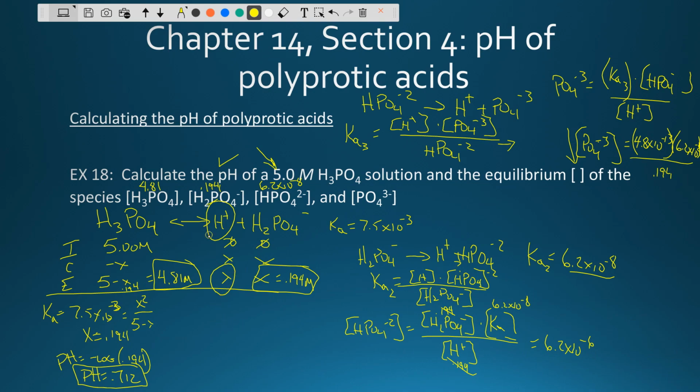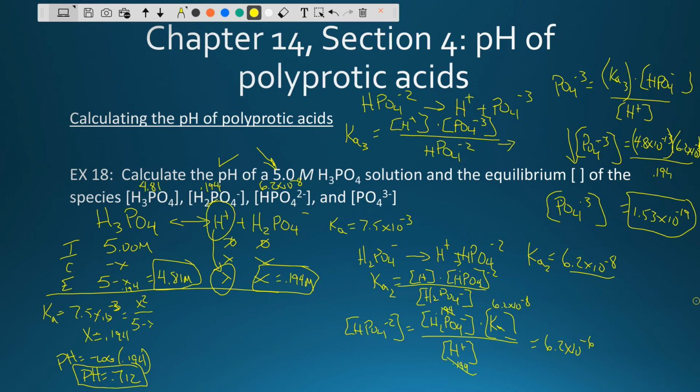Again, that number came because my hydrogen ion was 0.194. So my PO4 3-, if I just take a look at that math, ends up being 1.53 times 10 to the -19. Not very much at all in that last species, is it?